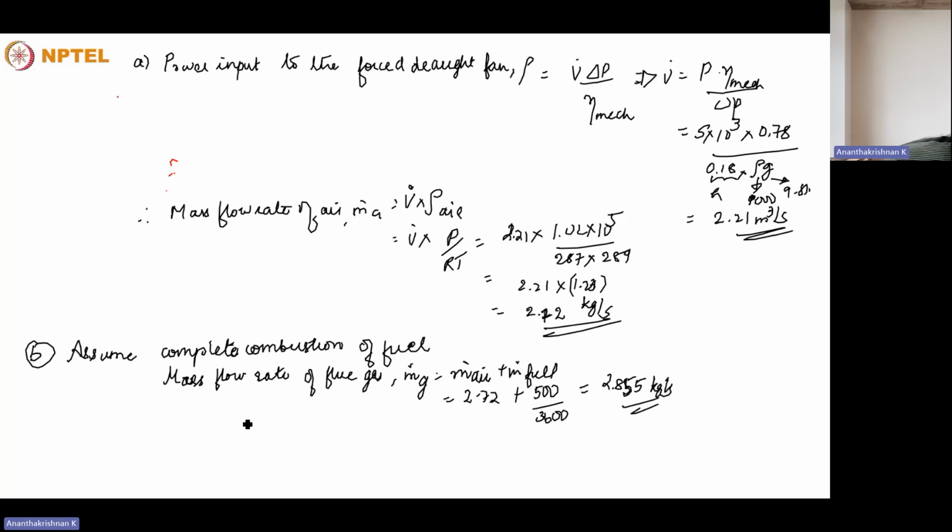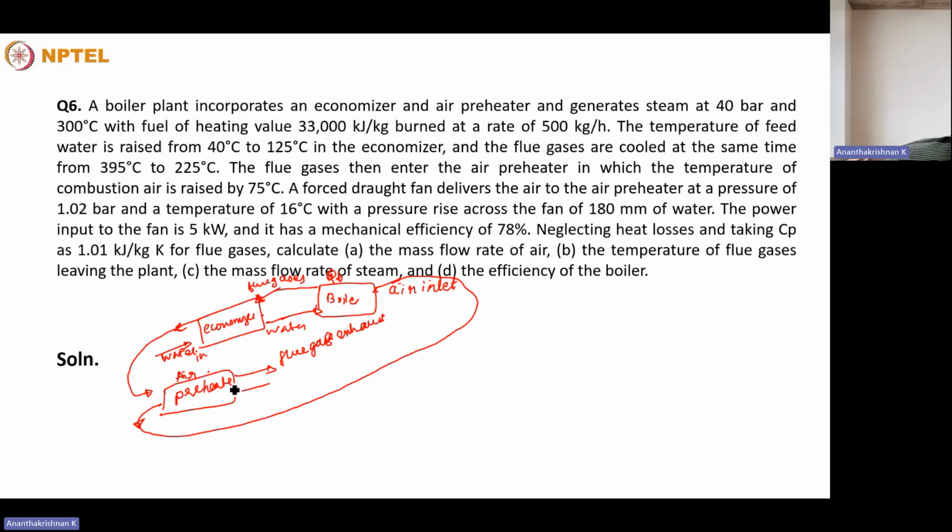Then we use the preheater. So the last component in the system is a preheater, before which the flue gas is rejected to the ambient. So we know the air incoming temperatures. So this is the air inlet.